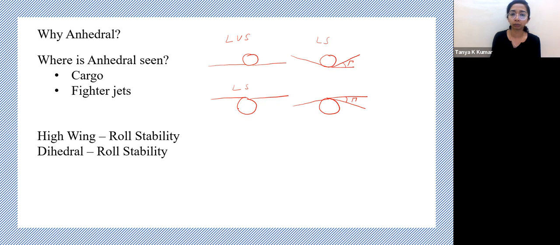So to introduce more controllability or maneuverability, we introduce an anhedral angle, right? That is why the anhedral angle is introduced, and we see it in cargo and fighter jets to make it more controllable. More controllable means less stable. So it does not have an initial tendency to come back to its equilibrium condition when it is rolled.